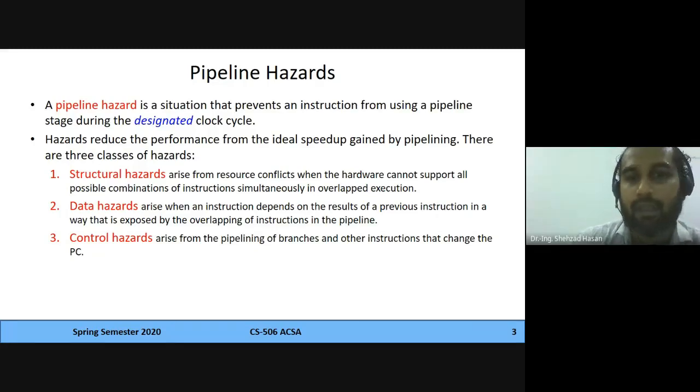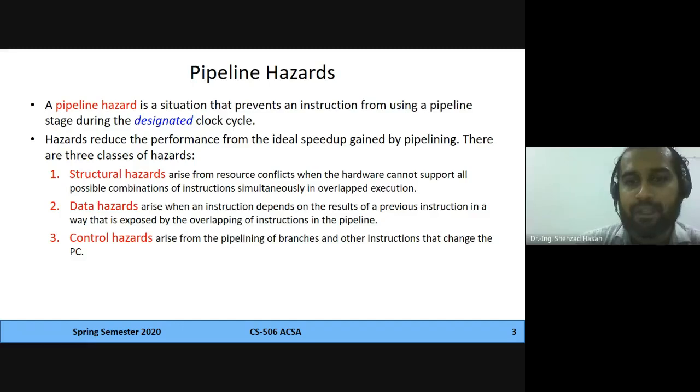Okay. Then we have the data hazard. Data hazard is because the data is not available. I'm going to come to the examples of each of these shortly.